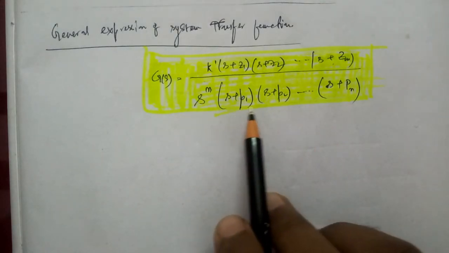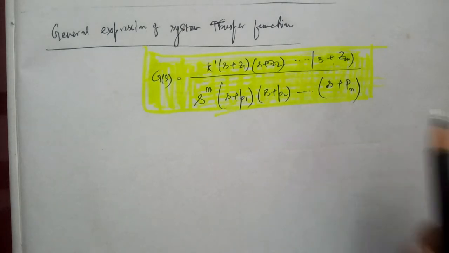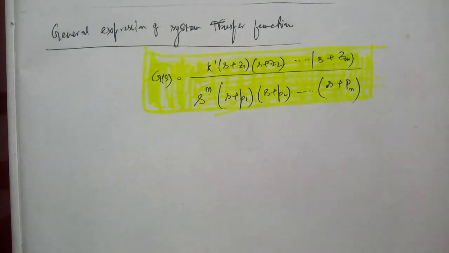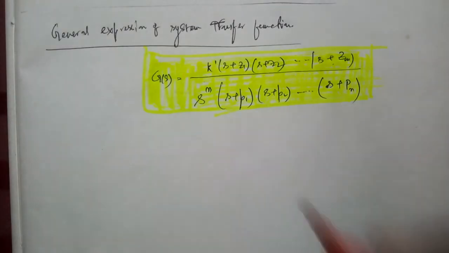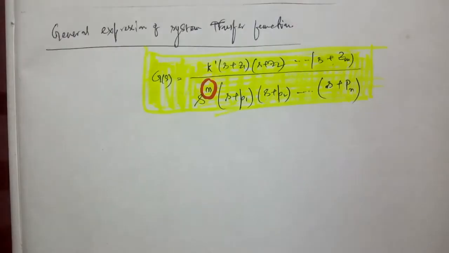Now the rest is (s plus p1)(s plus p2) up to (s plus pn), so this many poles can be there, and N can be anything. Depending on this N value, the s to the power N value, we call it the system type. If the value of N is equal to 0, there are no poles at the origin, so that system is called a type 0 system.